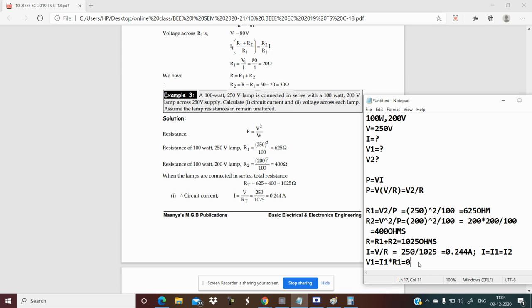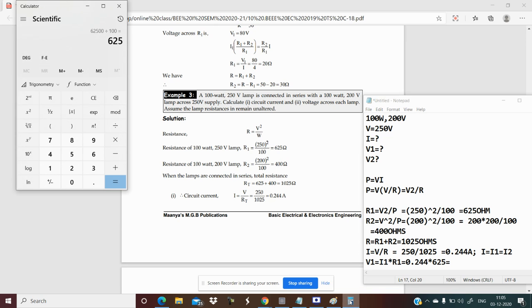So here it is 0.244 into R1, which is 625. So 625 into 0.244 is equal to, so here the voltage is 152.5 volts.